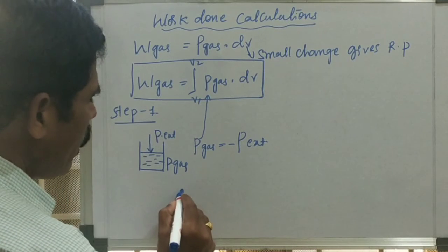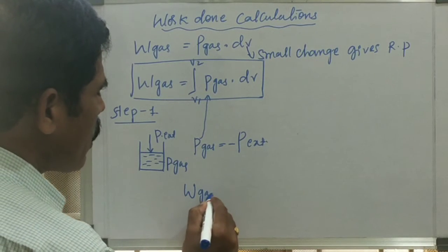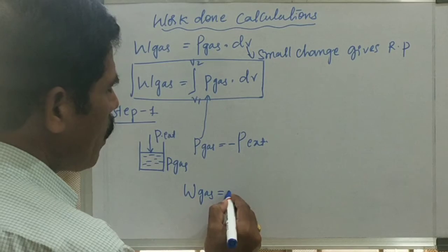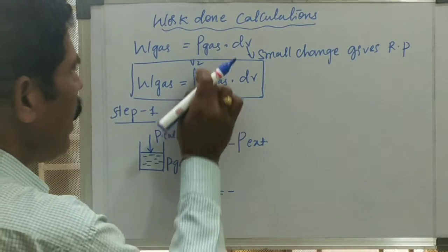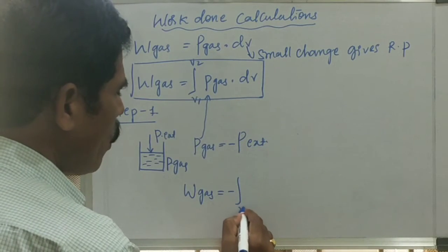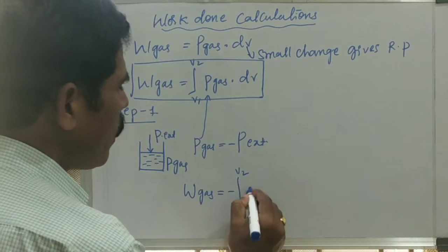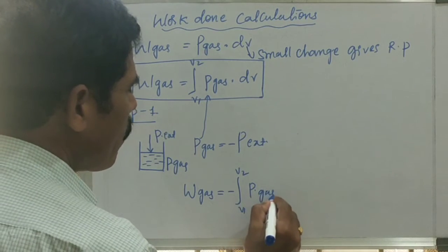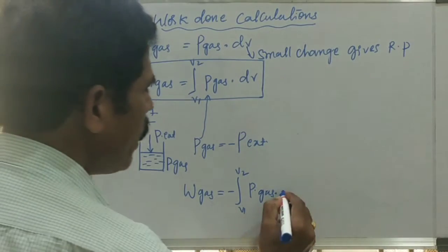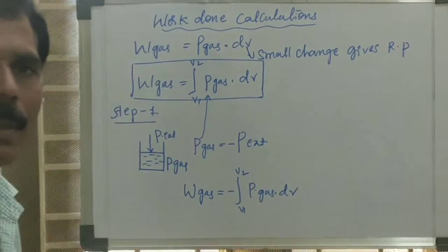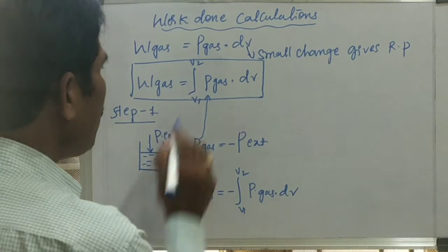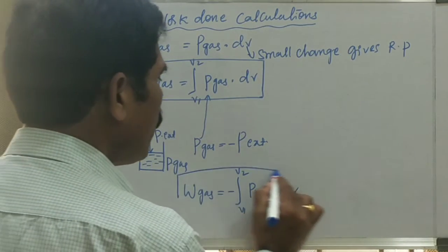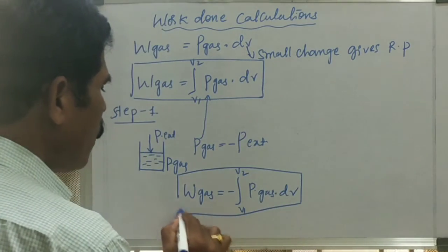W gas is equal to minus the integration from V1 to V2 of pressure external into dV, right? This final formula is also related to step 2.